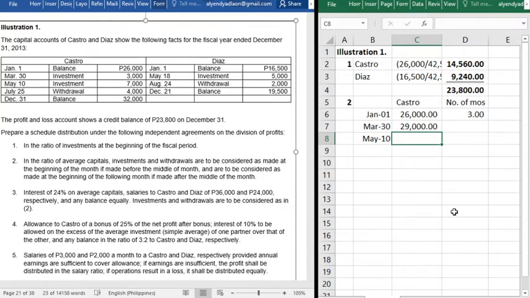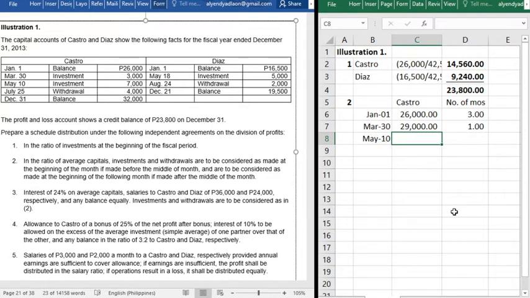So from March 30 and then April, that is only 1 month. March 30 to May 1, that is 1 month. So that you won't be confused, I just typed May 10 as is. Please be reminded about the treatment: this is treated as May 1.